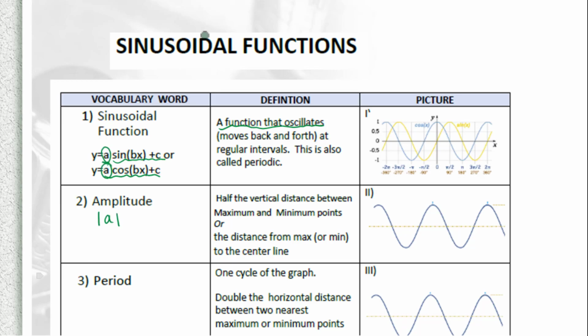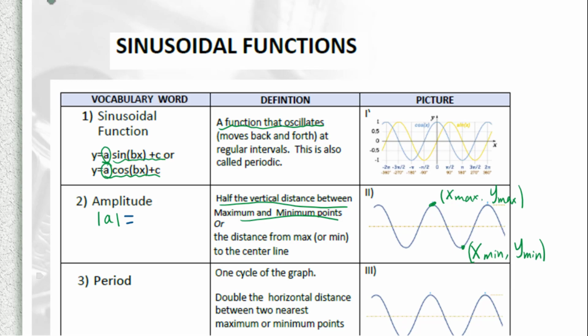Absolute value of a is called amplitude. Basically means half the vertical distance between maximum and minimum points. We label this as x maximum, y maximum. This point, that's labeled as x minimum and y minimum.